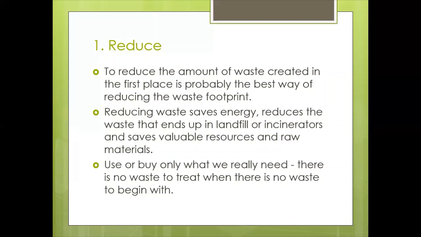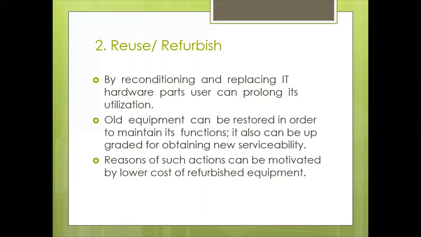Now, next one, reuse, that is refurbish. By reconditioning and replacing IT hardware parts, users can prolong its utilization. So we can always reuse whatever things we are using. For example, maybe you have a washing machine at home, and the washing machine has gone bad.